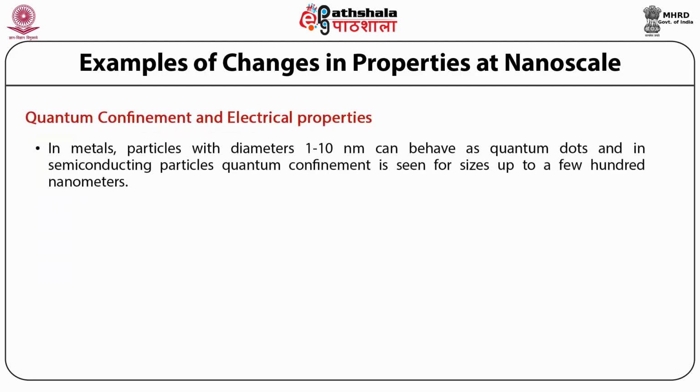In metals, the particles with diameters ranging from 1 to 10 nanometers can behave as the quantum dot, but in the case of semiconducting nanoparticles, quantum confinement is seen for sizes up to a few hundred nanometers.